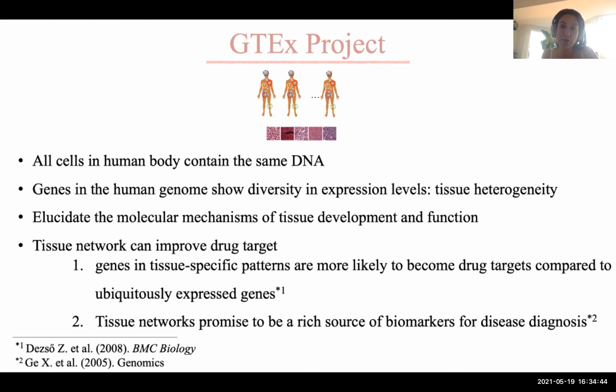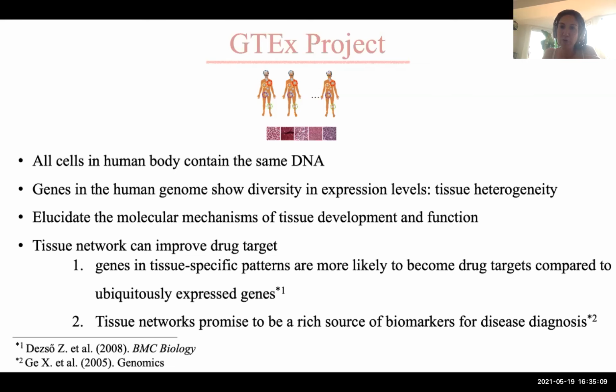And there are 2 papers that are really important, where they show that genes with tissue-specific patterns are more likely to become drug targets compared to genes expressed everywhere. And also, tissue networks are a very important source of biomarkers for disease prognostic.